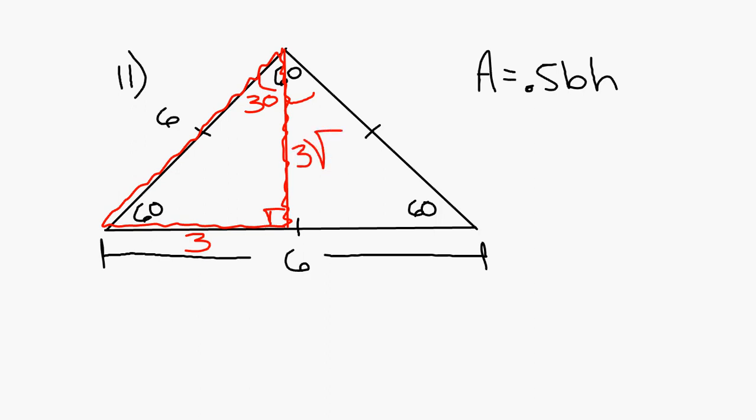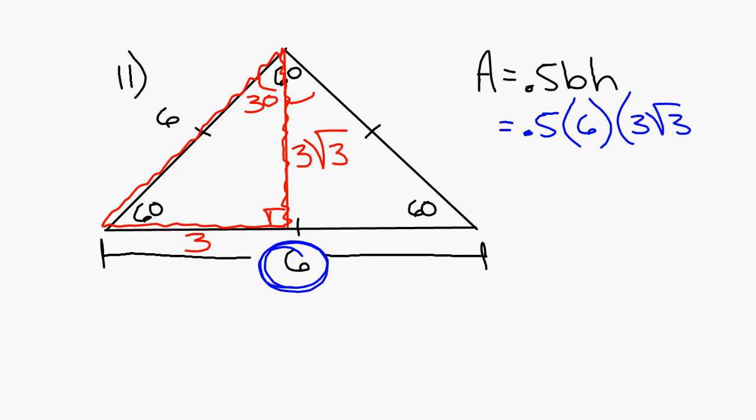So the area of this triangle is going to be equal to 0.5 times the base of the entire triangle, which is 6, times the height of the triangle, which is 3 radical 3. So the area of this piece of artwork is 0.5 times 6 times 3 times the square root of 3, which is 15.6.